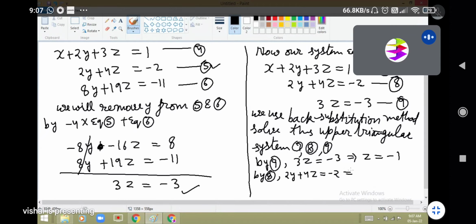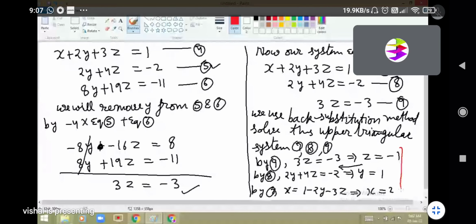We will put the value of z here, and after calculation this will give you y is equal to 1. By 7, what is there? x is equal to 1 minus 2y minus 3z. We will put the value of y, z here, so we will get x is equal to 2. So x equal to 2, y equal to 1 and z is equal to -1. This is our answer.